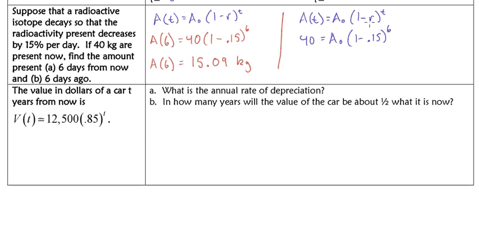Divide each side by 0.85 to the 6th, hit that into your calculator, and 40 divided by that should give you a result of 106 kilograms.